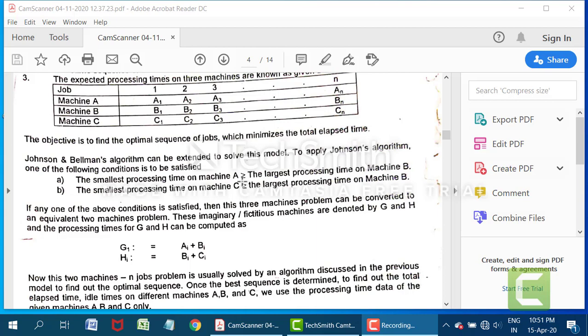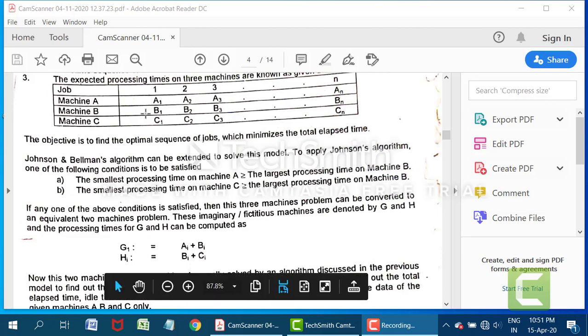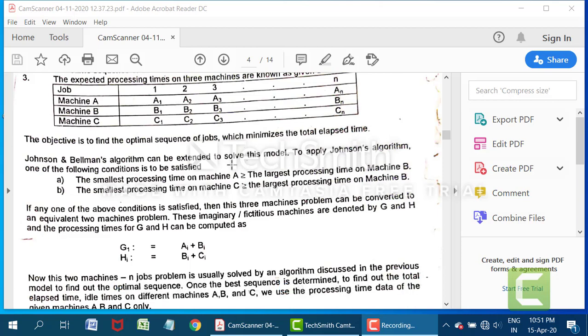Check whether that smallest processing time is greater than or equal to the largest processing time on machine B, the middle machine. So in the middle row of processing time data, identify the maximum processing time. If the minimum processing time on machine A is greater than or equal to the largest processing time on machine B, then that condition is satisfied.